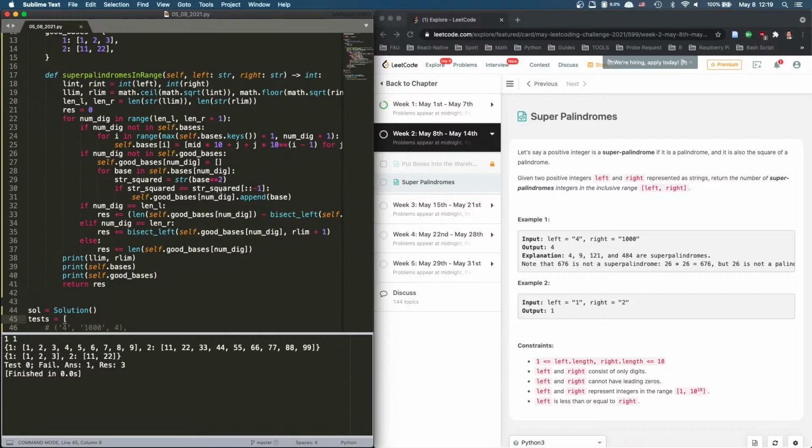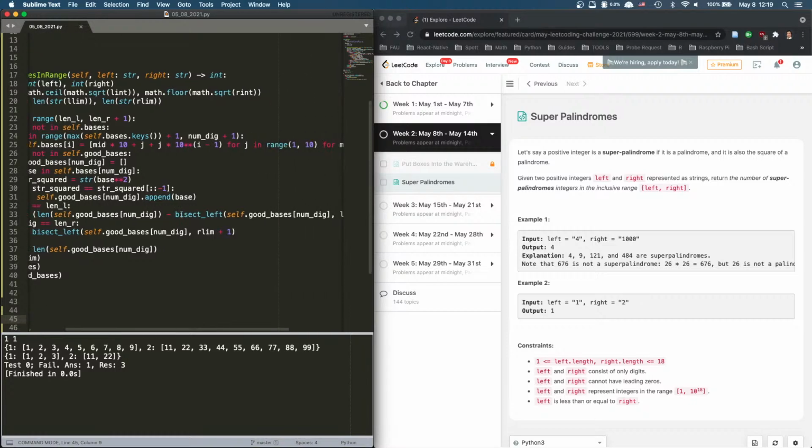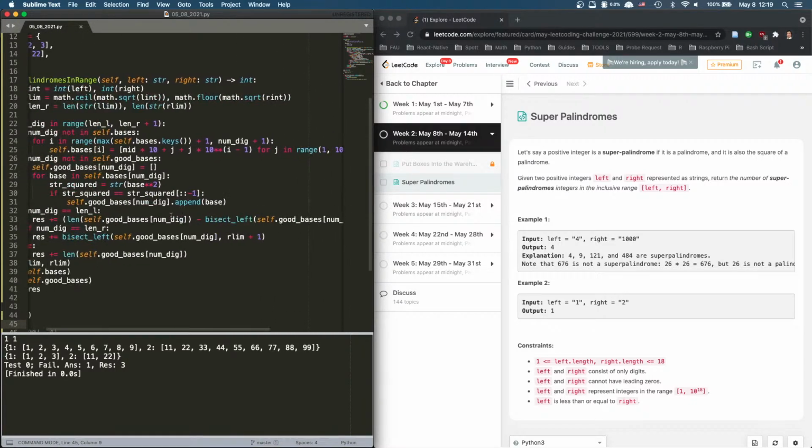Num digit is equal to 1, and num digit is also equal to this. But it's the same, so we should only do it once, here, and then we don't do anything else. And then we say res equal to len, this is going to be 3.